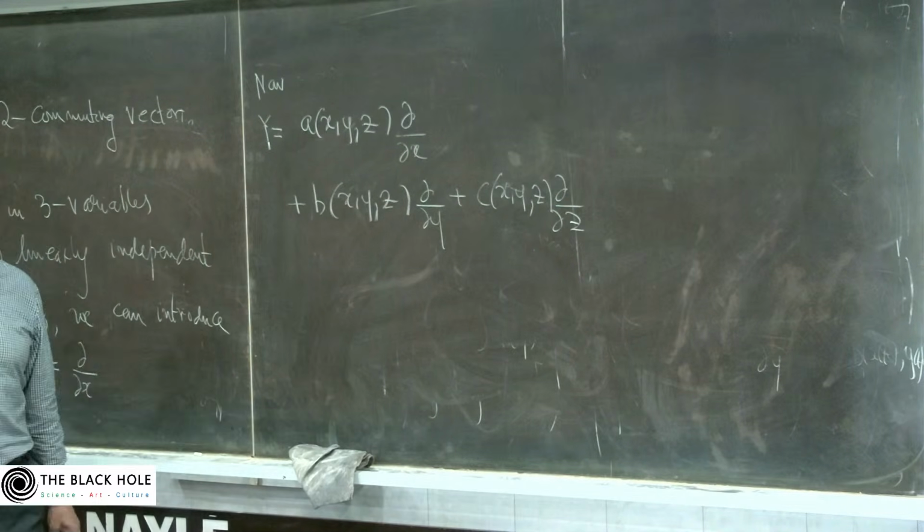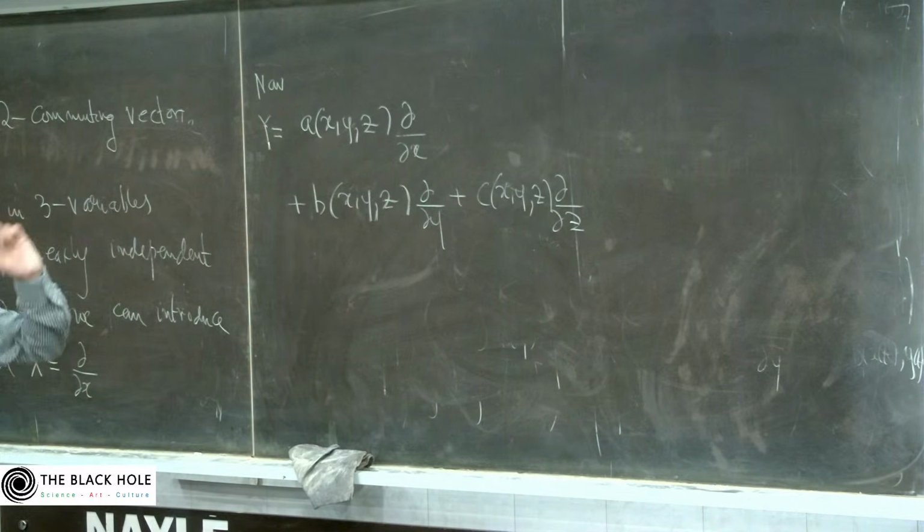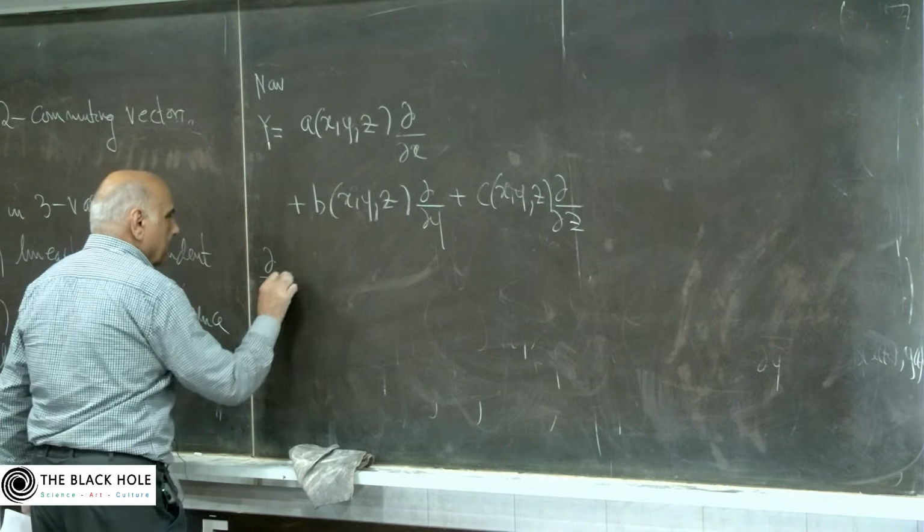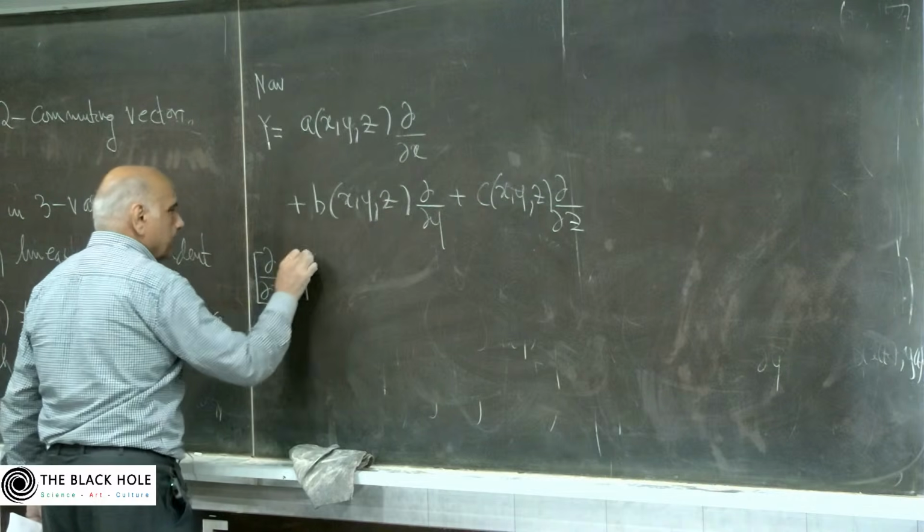Y commutes with X. What does it mean? Y commutes with partial by partial x means the bracket of partial by partial x and Y is 0, right?